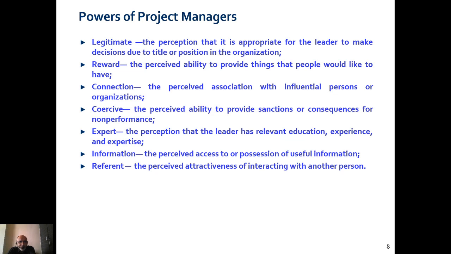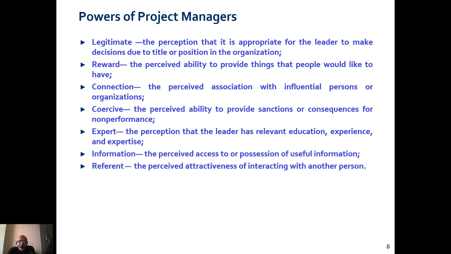Expert power means relevant education, experience, and expertise must be there. Referent power is the perceived attractiveness of interacting with another person.